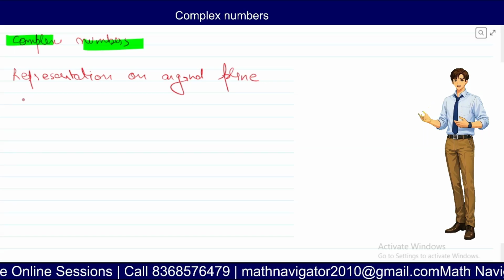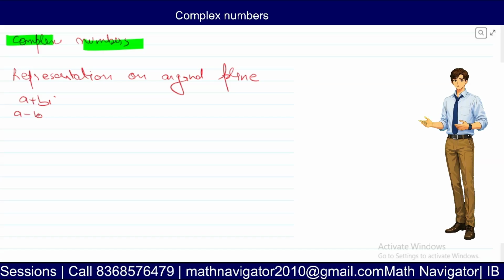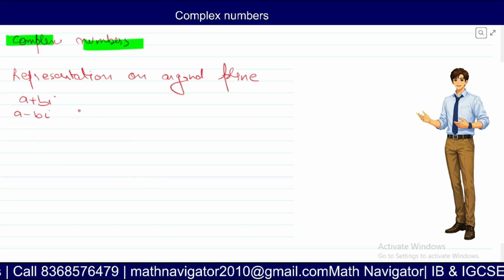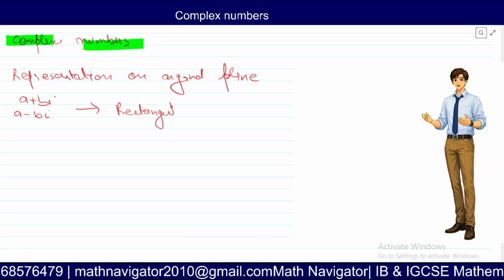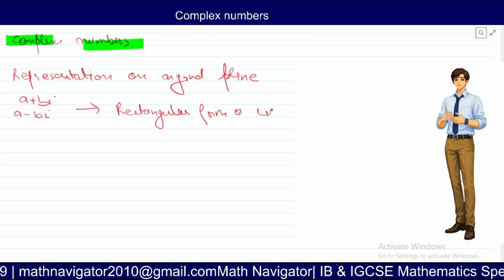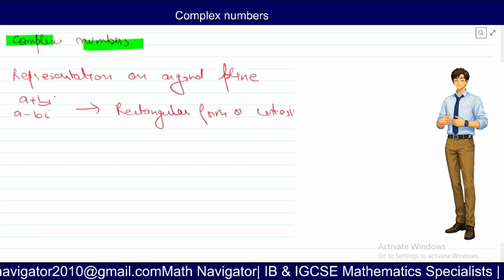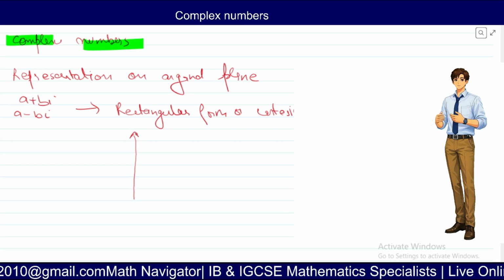In the last video, we have said that a plus bi or a minus bi is the general form of a complex number. This is also called the rectangular form or Cartesian form. We can represent every complex number on an Argand plane.